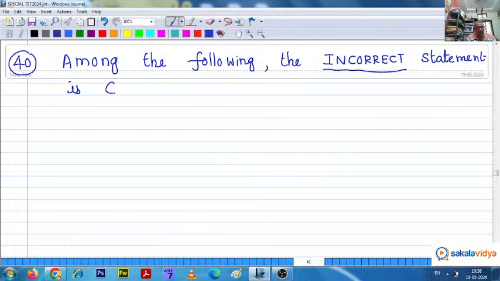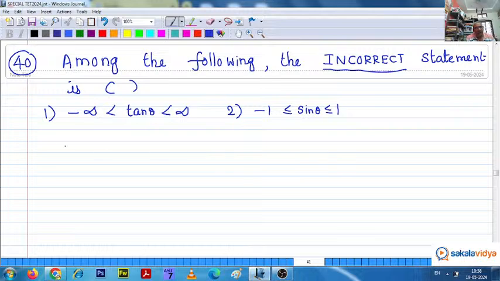First option, negative infinity less than tan theta less than infinity. Second one, -1 less than sin theta less than or equal to 1.